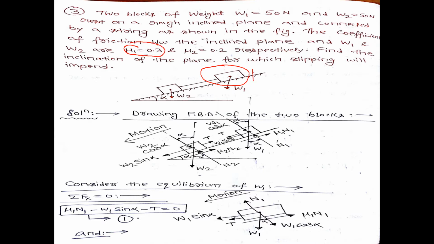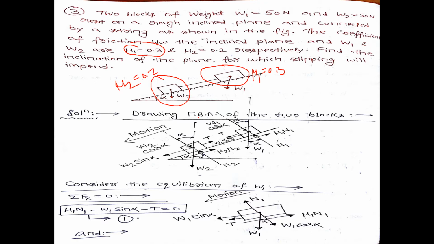That means the coefficient of friction at the contacting surface at this point, mu1, is 0.3, and mu2 is for the contacting surface of the block W2 and the inclined plane. That means for this particular surface mu2 given is 0.2.